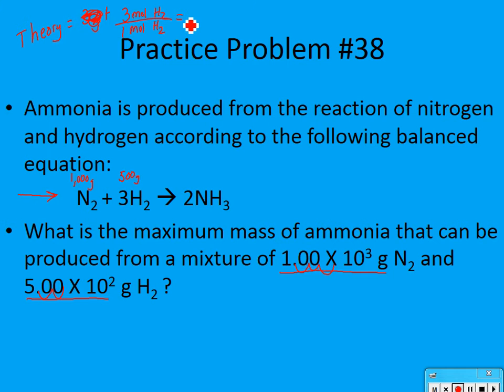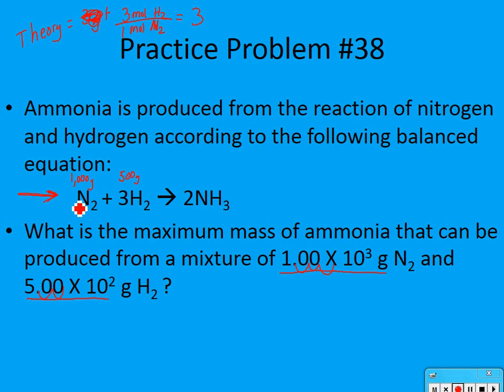If you take 3 divided by 1, what do you get? 3. So we should have a mole ratio of hydrogen to nitrogen of 3. In theory, that's what this balanced chemical equation is telling us. There are 3 moles of hydrogen that react for every 1 mole of nitrogen.